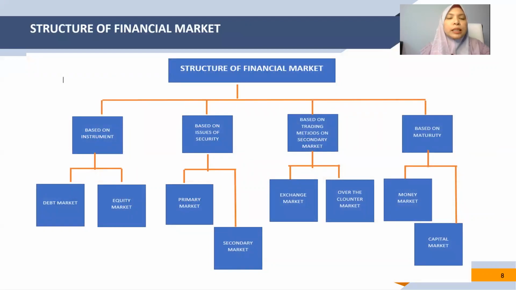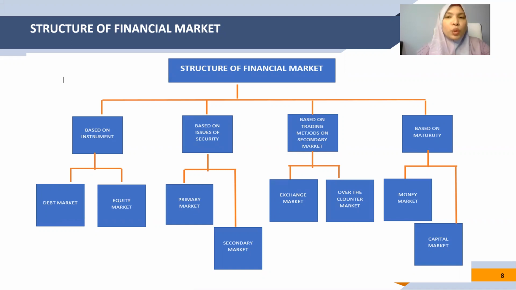The debt market consists of bonds and sukuk, which provide you a fixed amount to be paid, and also interest payment to the investor. And then we have the equity market. It consists of stocks and shares, which are listed on Bursa Malaysia.